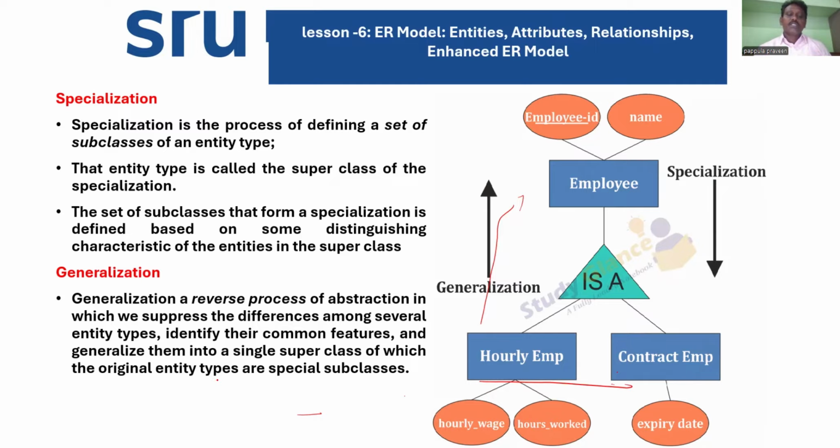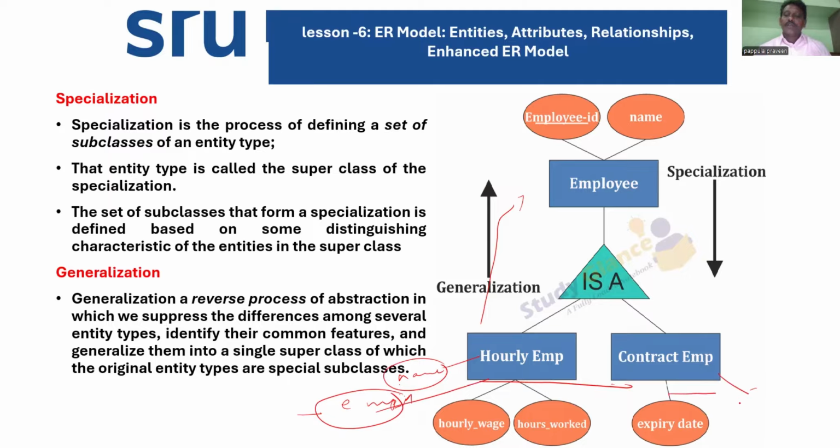So generalization is the reverse process of abstraction in which we suppress the differences among several entity types and identify their common features. What are the common features here? That is employee ID and name. These are all the features of this one.